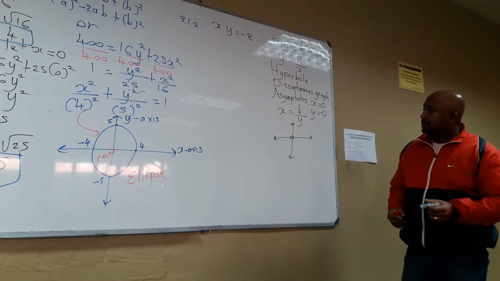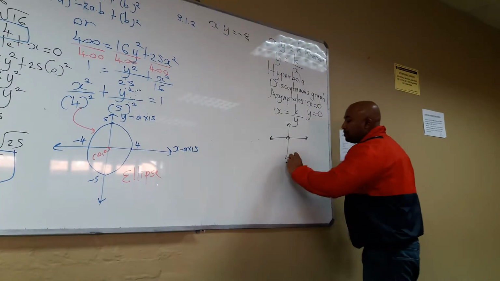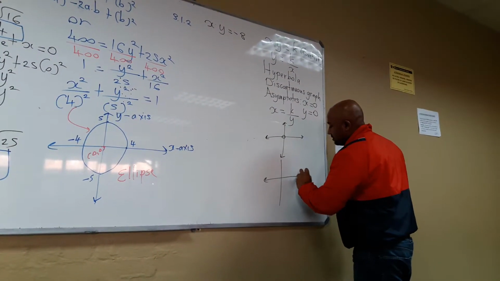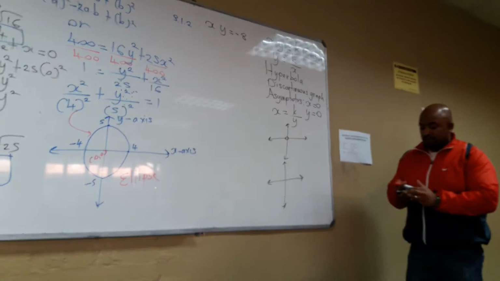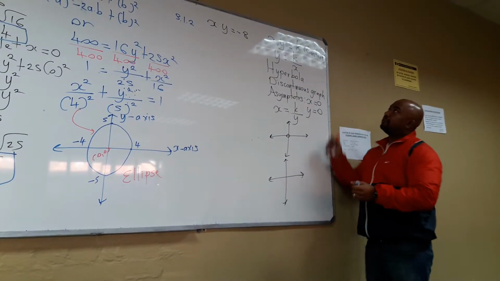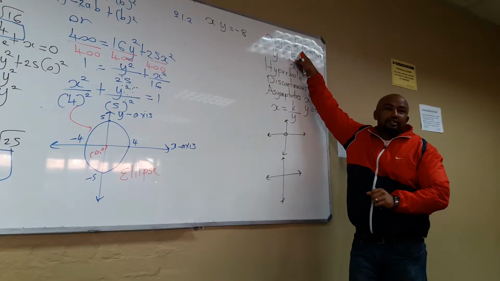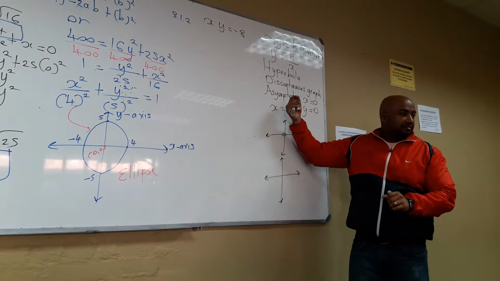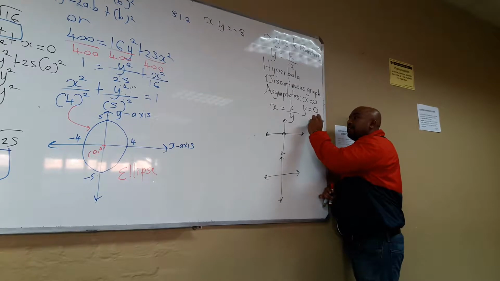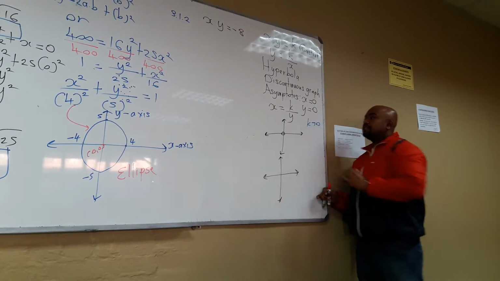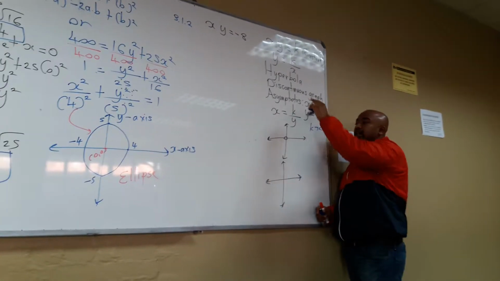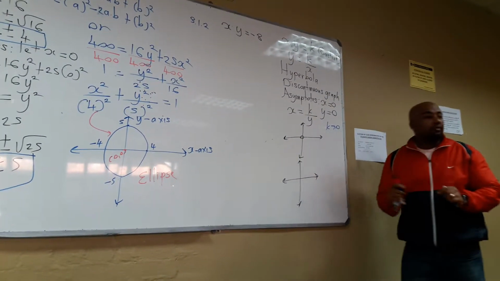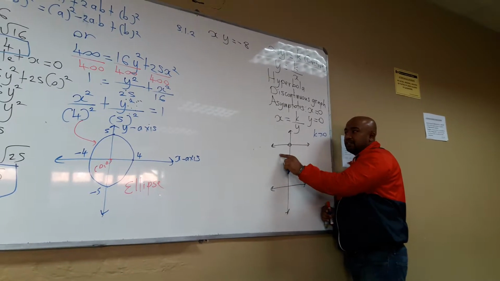Okay, so we got two possibilities here. So what will happen if this number is positive? Okay, so if that number k is positive, meaning anything greater than 0, then the hyperbola will be in which two quadrants? It will be in the first quadrant and the third quadrant.